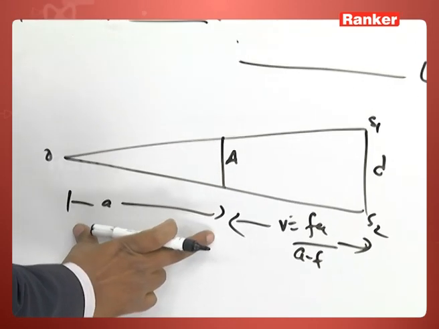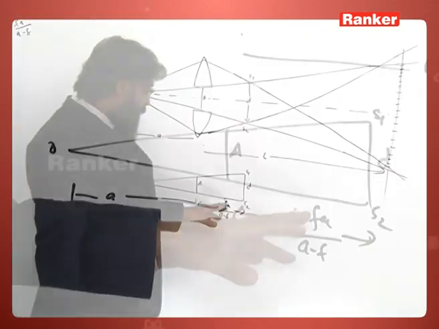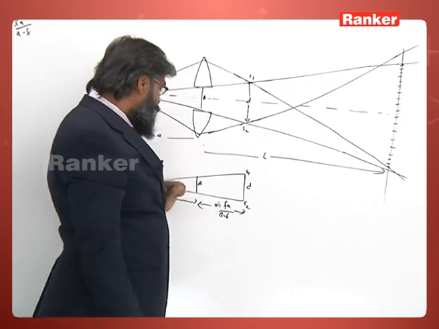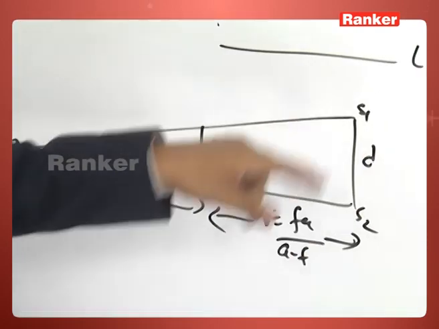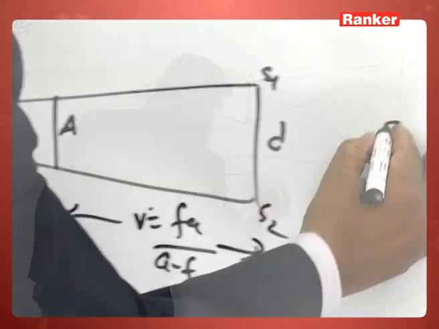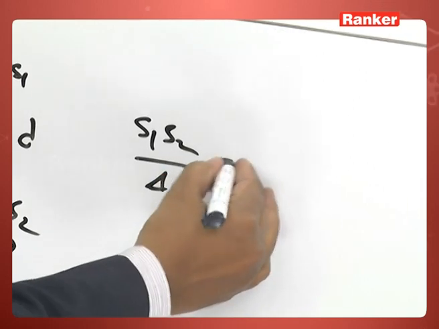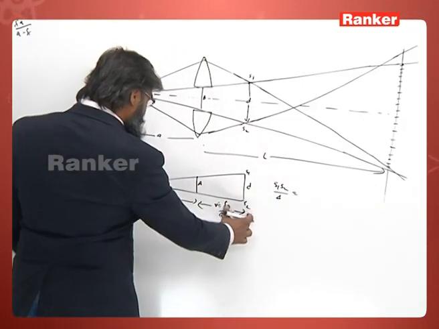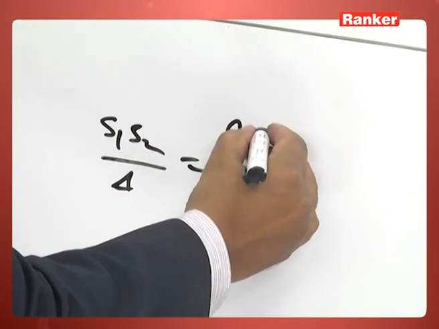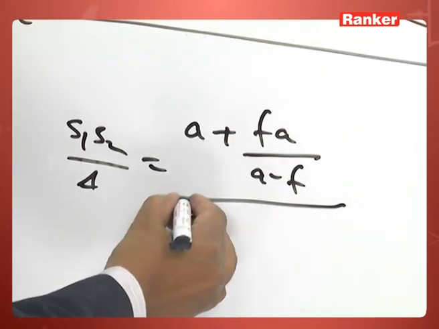So this distance is a, the object distance, this distance is v, which we earlier calculated as f a by a minus f. And so let us calculate what is S1 S2. So S1 S2 by delta is equal to the total distance a plus f a by a minus f.